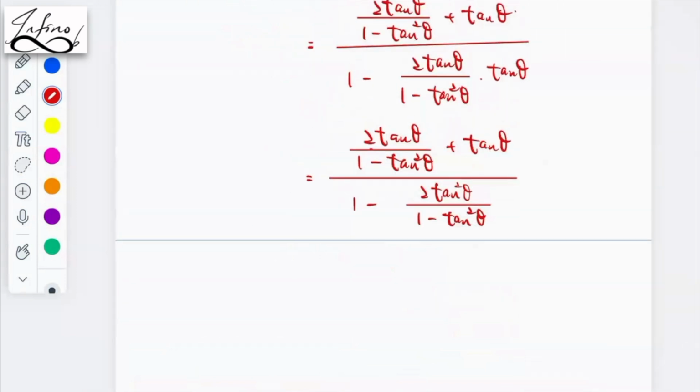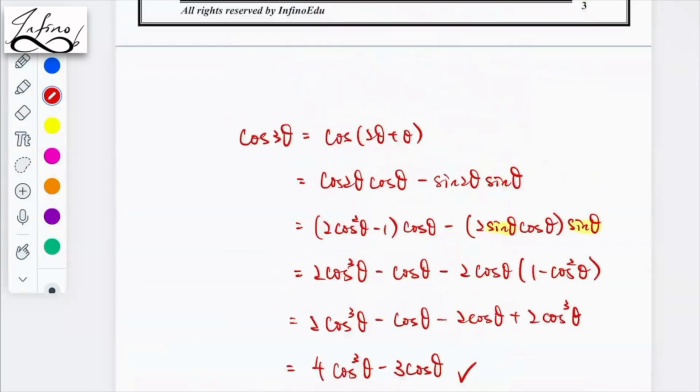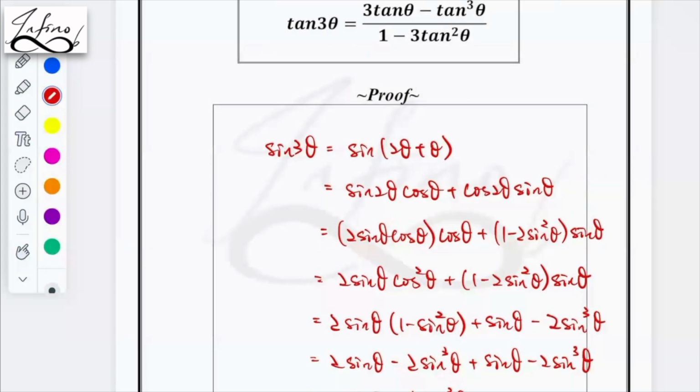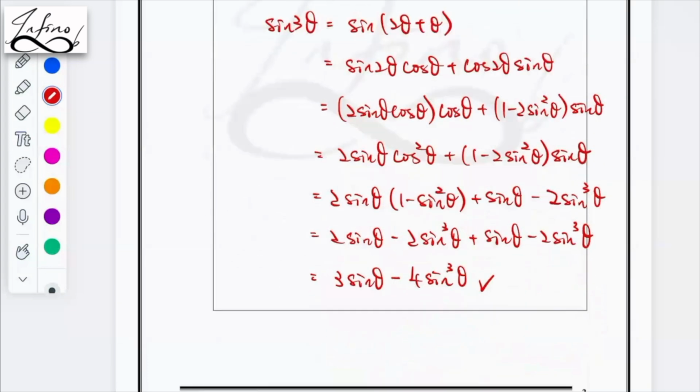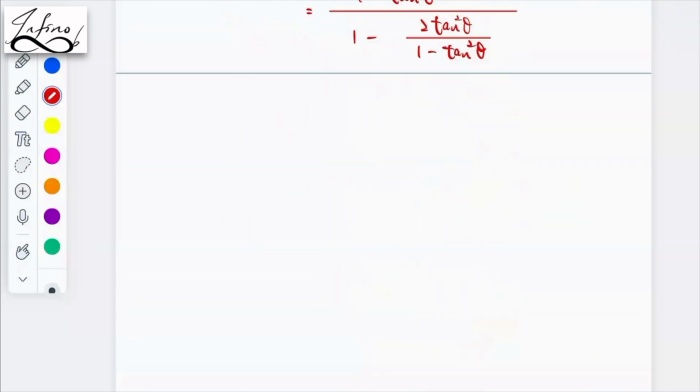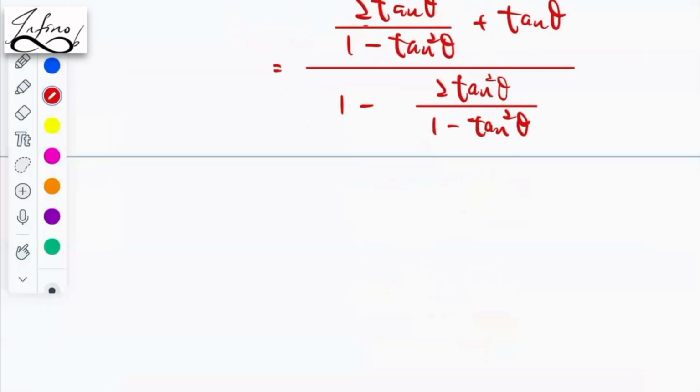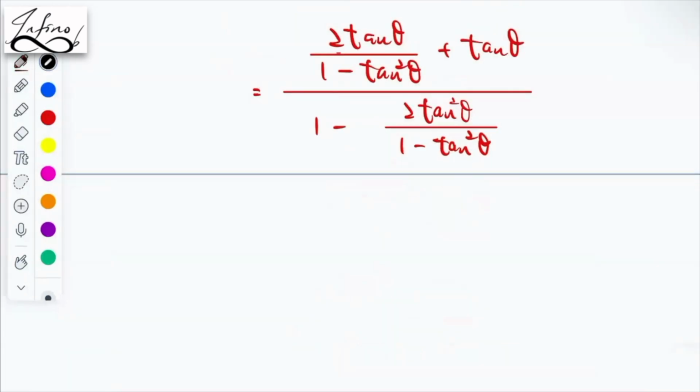If you look at the form of tangent 3 theta on the right-hand side, we have tangent cube. So basically I want to eliminate the fraction within the fraction. You can have 2 ways. The first way is to find a common denominator, or another method, which is to multiply both the numerator and denominator by 1 minus tangent square.